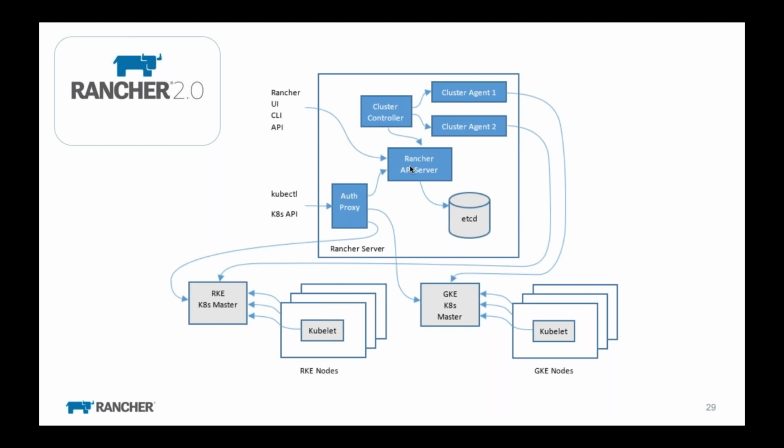And there is an RKE cluster and GKE cluster. GKE is the Google Kubernetes cluster, and RKE is something called Rancher Kubernetes Engine, which also deploys Kubernetes clusters very quickly. So you can have different types of clusters managed together by the same Rancher API server. So this is the architecture diagram.